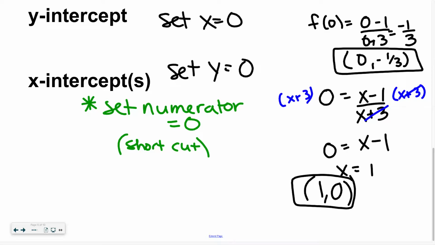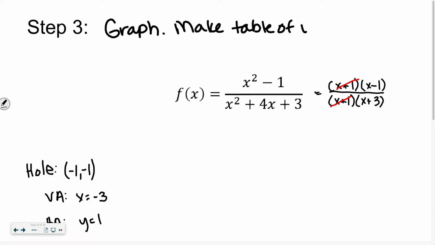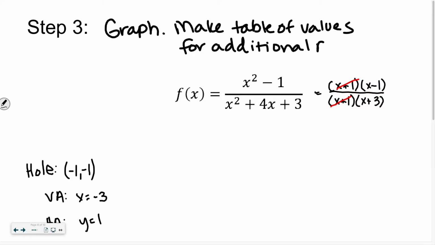Okay, last step, step 3. We're going to graph. Make a table of values for additional points. Now that's really like a sometimes needed thing.